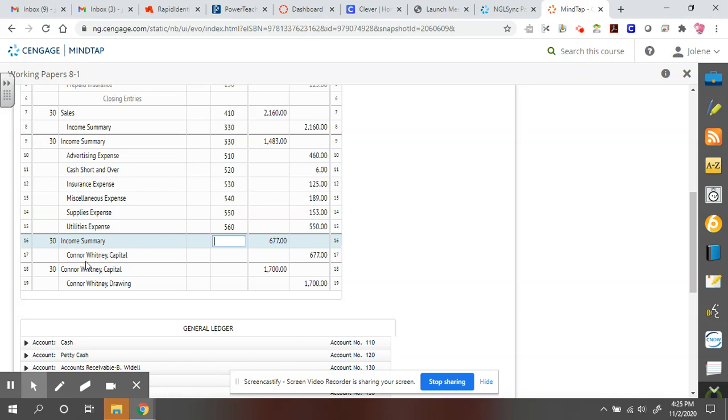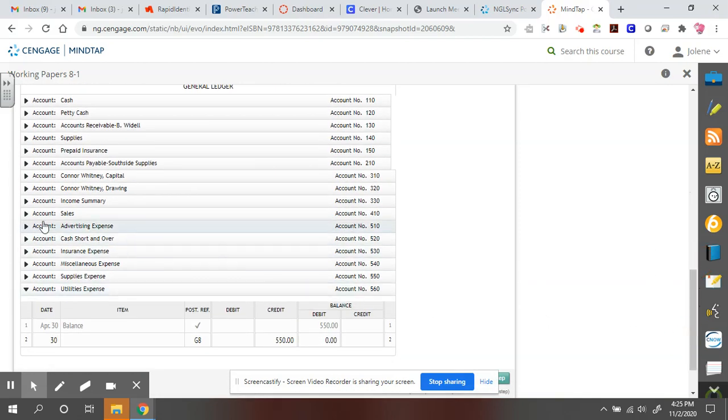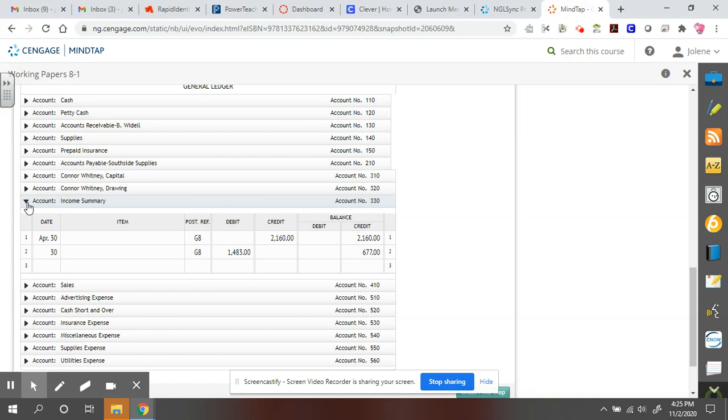Now we have to close the income summary account. So the income summary, we have to go there and debit it for $677. Income summary, we're going to debit it for $677. Now you see the debit, and it had a credit of $677.